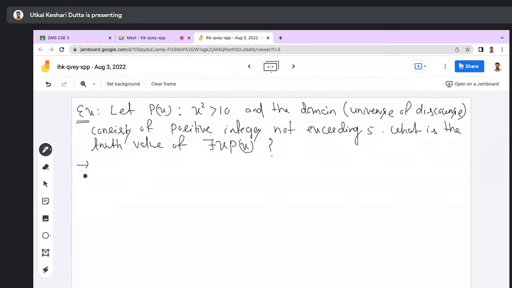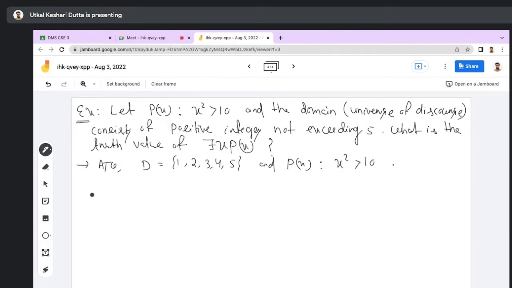According to the question, what will be the domain? The domain contains elements not exceeding 5, that means 1, 2, 3, 4, 5. That is the domain, and the predicate P of x is given as x square greater than 10.